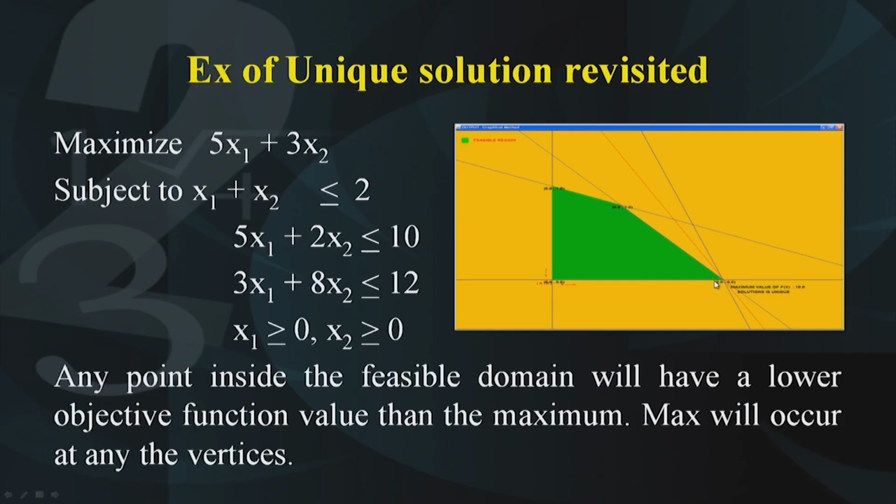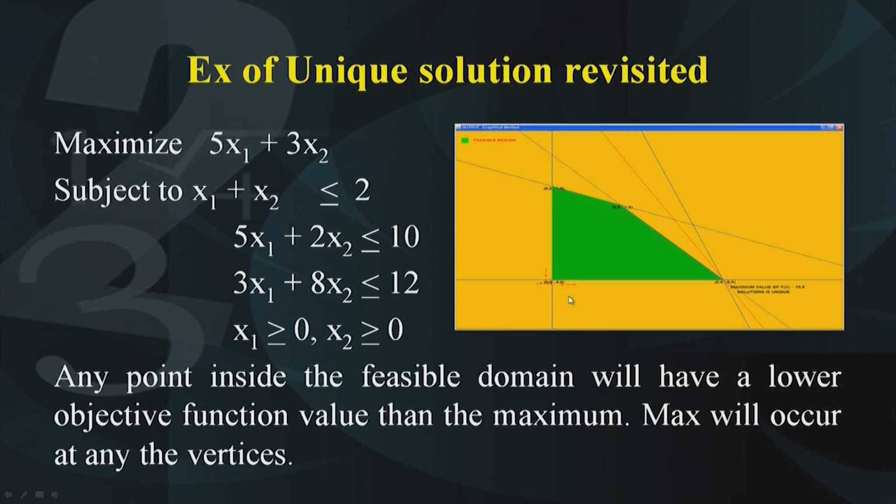The solution of this problem is shown here at this vertex, and you can see that the solution will either lie on one of the vertices or on an edge, and by edge we mean the line segment joining any two vertices.